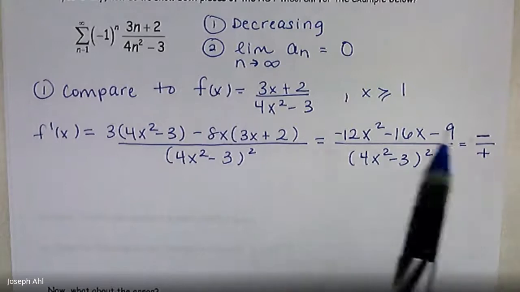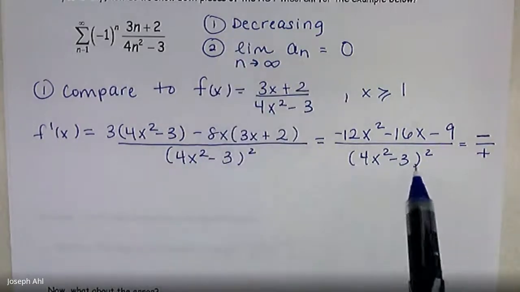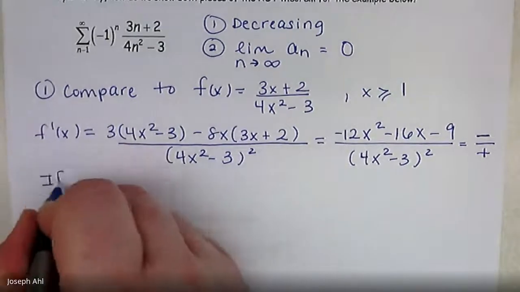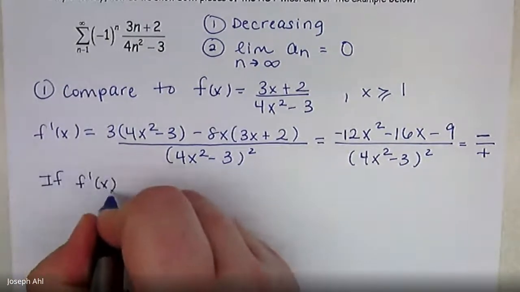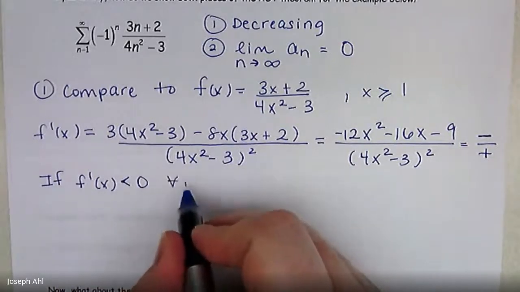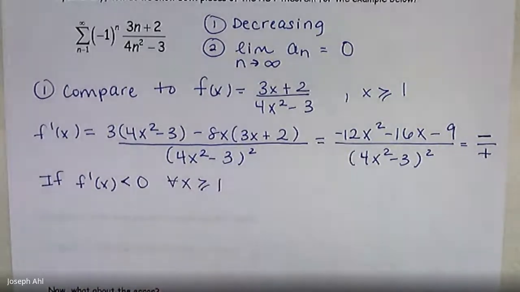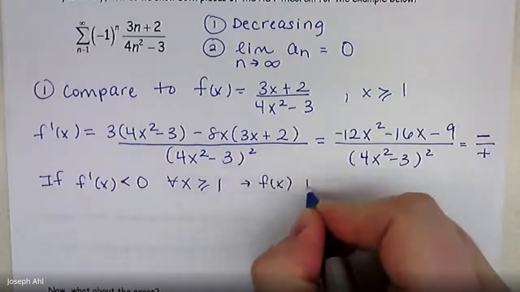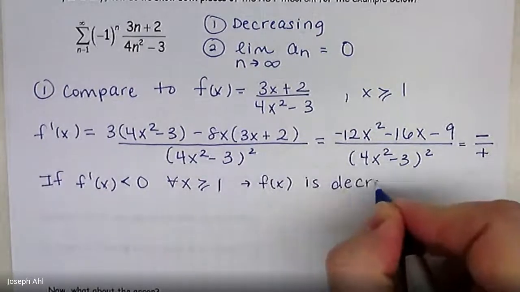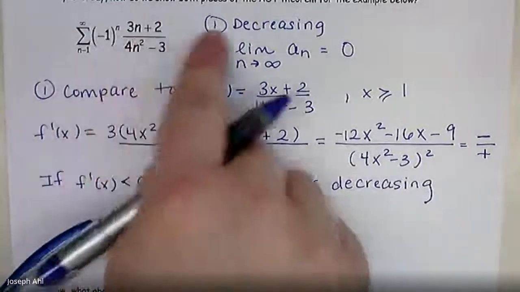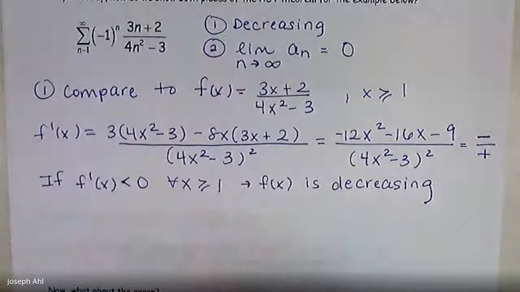So this is how we prove the condition for the first part of the alternating series test: if f prime of x is less than 0 for all values of x greater than or equal to 1, then we know that f of x is decreasing over that interval. Therefore we've now shown that, yes, this is a decreasing series of terms.